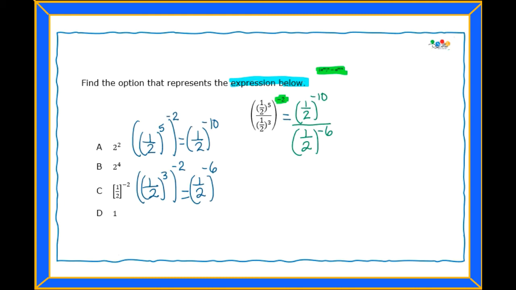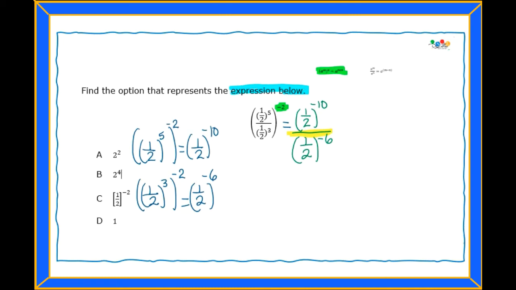Is that correct? Because I do see a line in between the two, and the bases are the same. The base means 1/2 and 1/2. So what's the rule for the quotient? Anybody remembers? That's the one where you actually subtract the exponents. Very good.